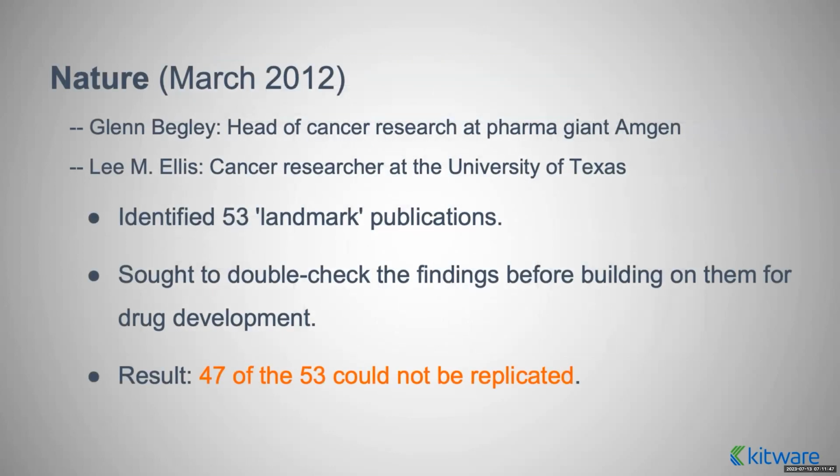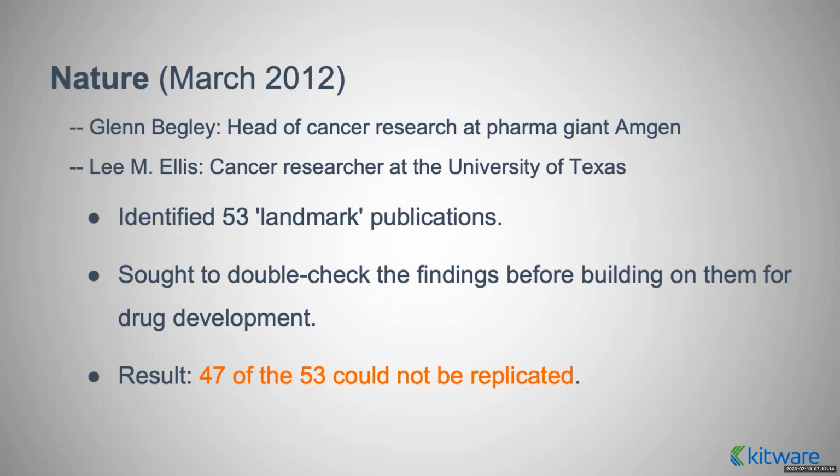And then also, in a more serious vein, you have a study that was published in Nature back in 2012, so quite some time ago, but still very relevant. These two heads of research labs in academia and industry got together, in the field of radiation oncology. They wanted to look at the seminal papers that were out there, the papers which were really driving clinical practice.